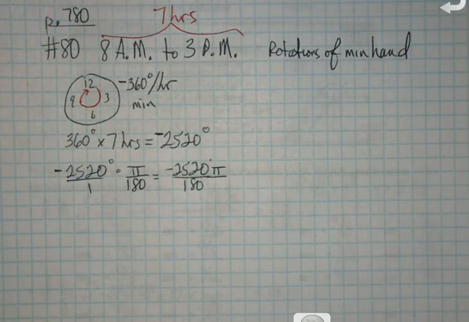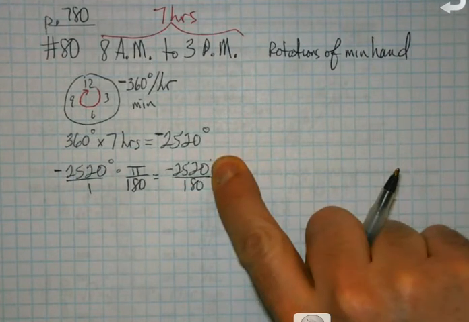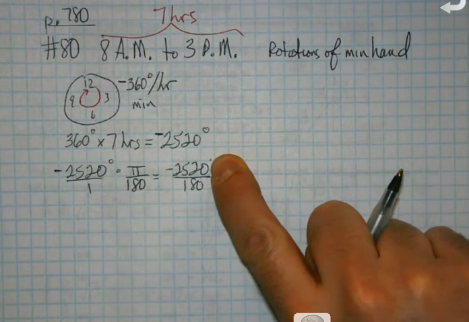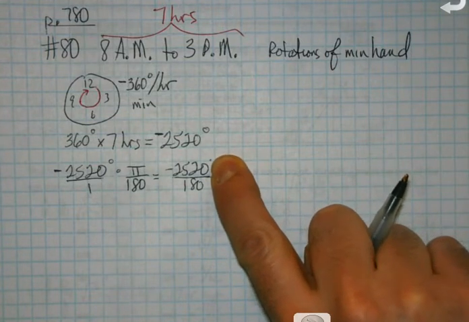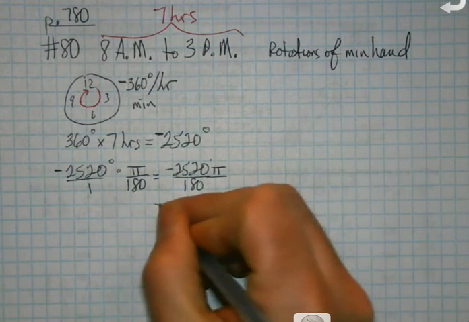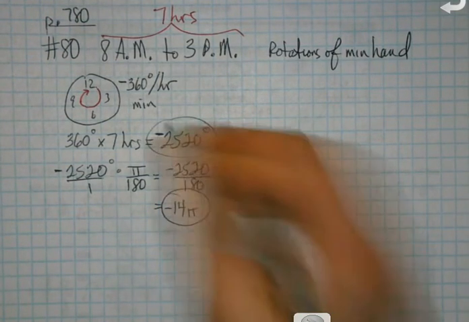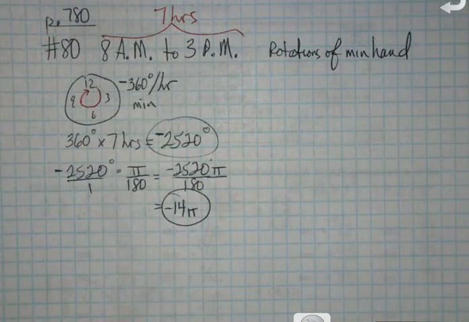So, can I reduce the fractional portion of this? So we got our heads. Head is nodding yes to what? Negative 14 pi. Okay. Degree and radian measure. And the one other thing it's asked is, it says draw a diagram that shows.